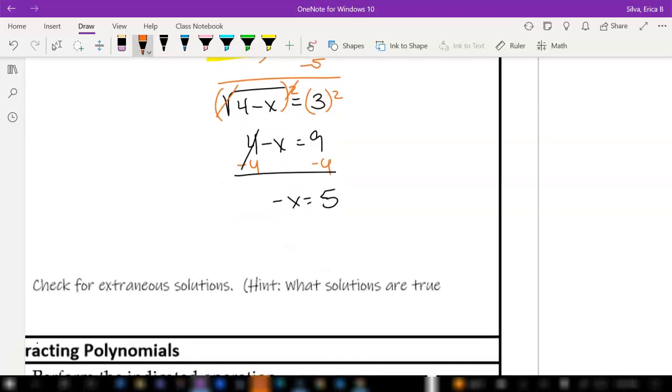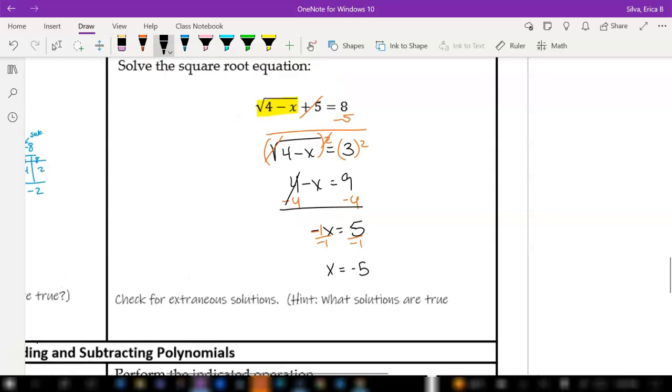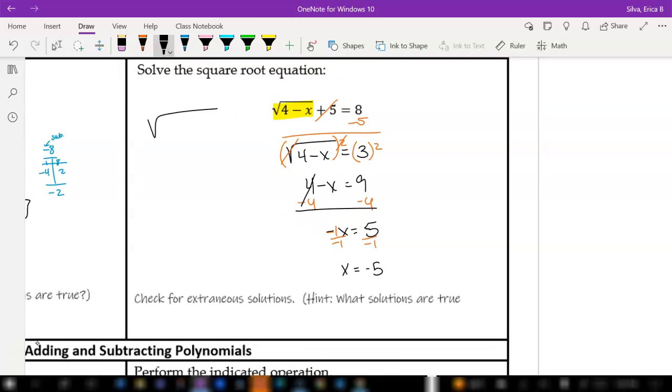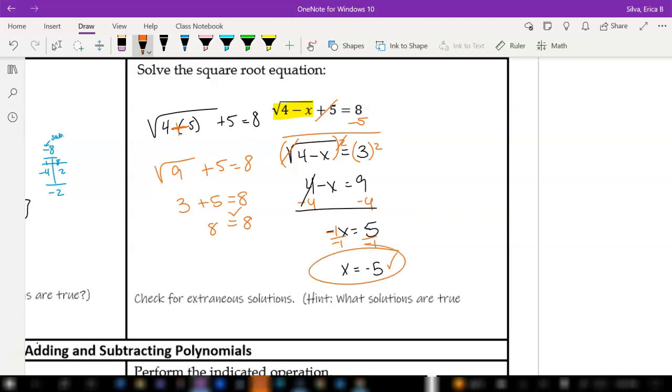We cannot have an x as a negative. The variable can't be negative when we solve, so there's like a negative 1 here. So we're basically dividing by negative 1, and x is equal to negative 5. Now we want to check if it's an extraneous solution. Negative 5 is a true solution.